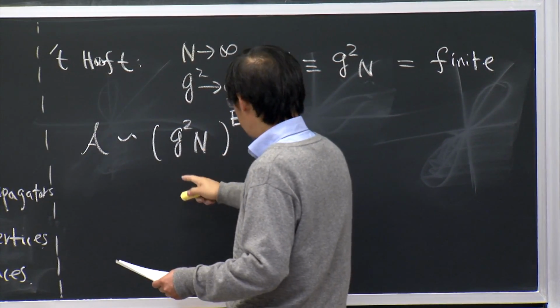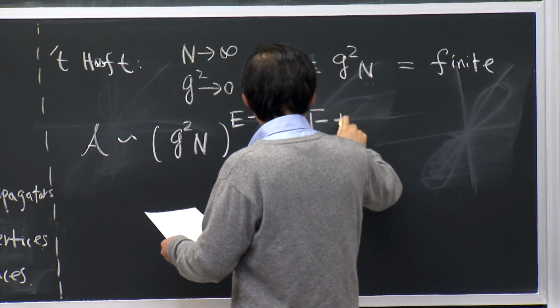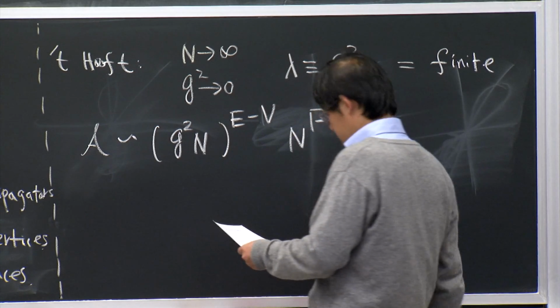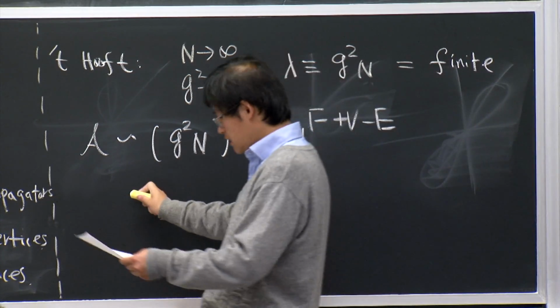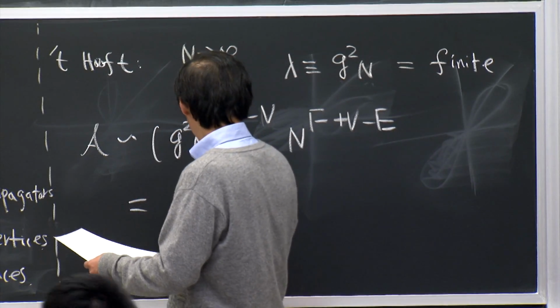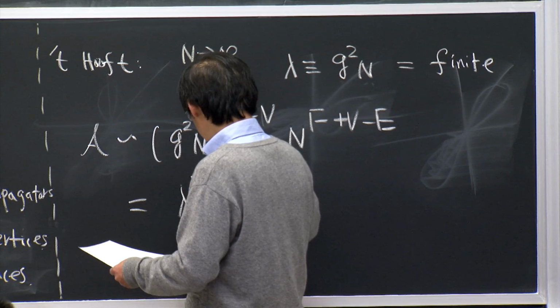So we put the n factor here, then we take the n factor out. Then n to the power f plus v minus e. And then let me just write it slightly differently. So this is lambda, if I use this notation, lambda. Lambda now is finite. So this is e minus v.